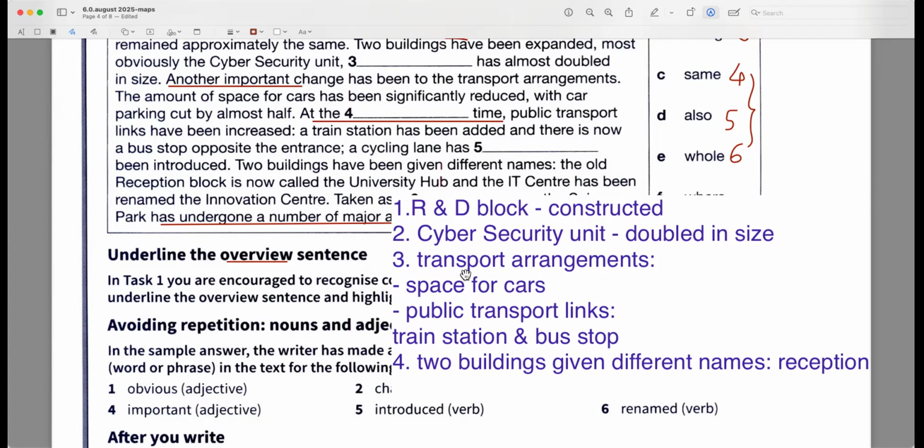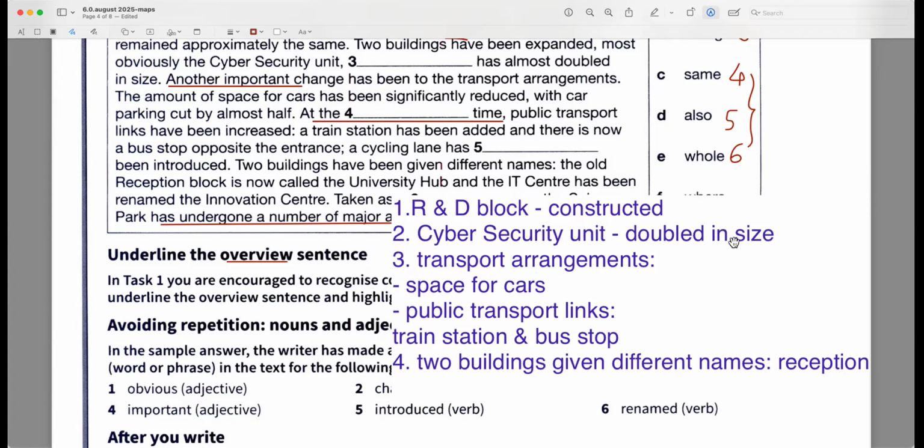Okay, for number 3, it's obvious that the writer grouped according to the same category: transport, cars, public transport, bus station, bus stop, and train station.